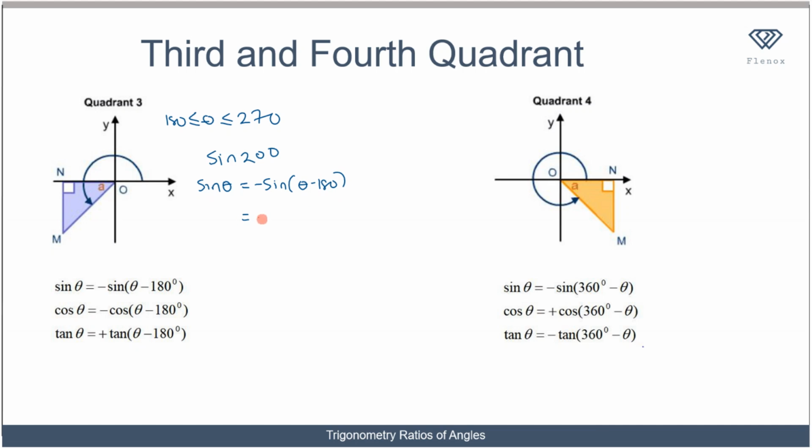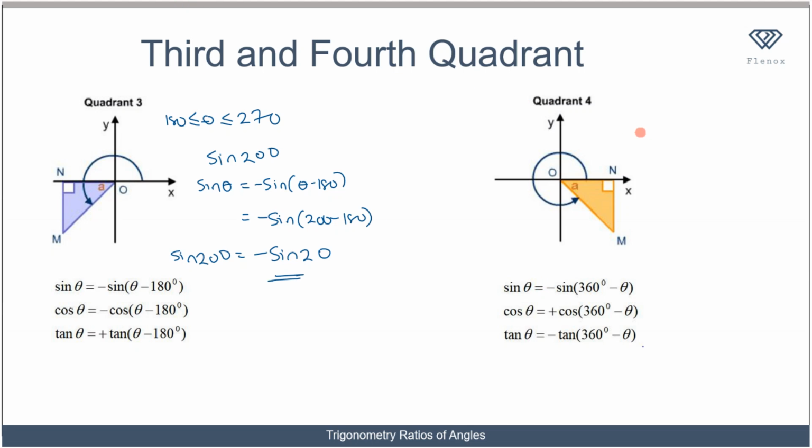So that becomes minus sine into bracket 200 minus 180, and that becomes minus sine 20. So what this means is that sine 200 is equivalent to minus sine of 20.